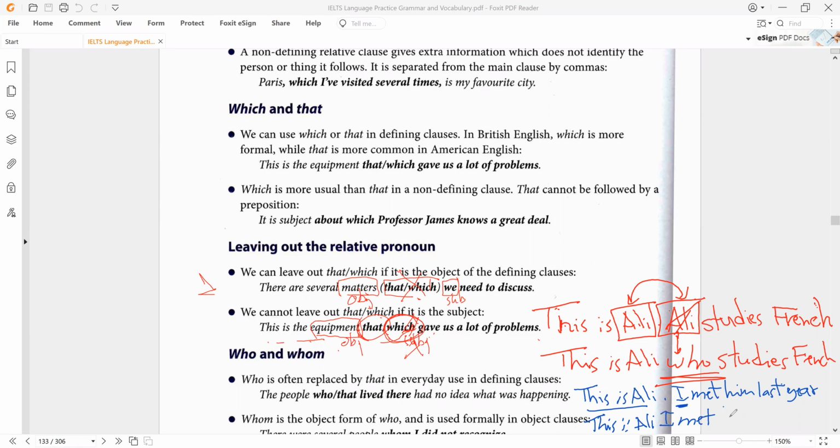I met last year. فإذا هنا ممكن نقول this is Ali who I met last year or حتكون zero. This is Ali I met. لماذا زيرو؟ لأنه الفاعل ليس هو علي هنا.